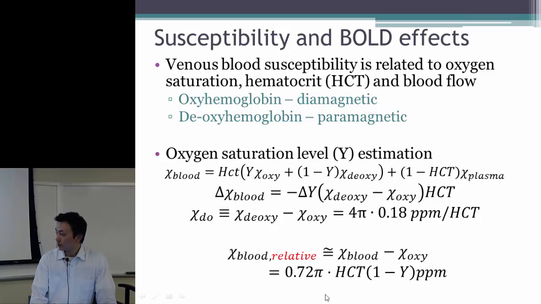Most of the time when we estimate susceptibility of the blood relative to the surrounding tissues, this is the empirical equation we can use. It's clearly a simple and linear relation to the hematocrit and the oxygen saturation level. So if we can quantify the susceptibility of the blood, and if we know the hematocrit, then we can calculate the oxygen saturation. We can determine how much oxygen is in your blood.